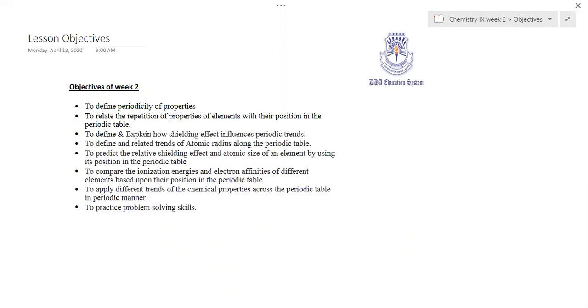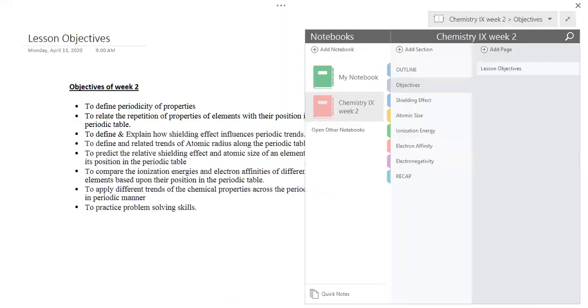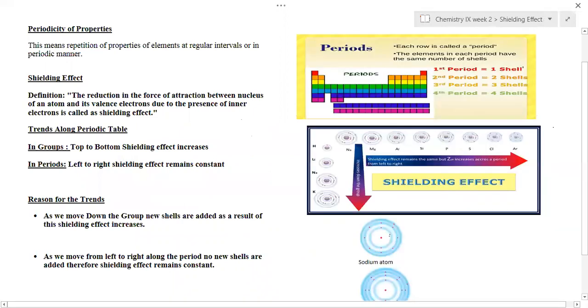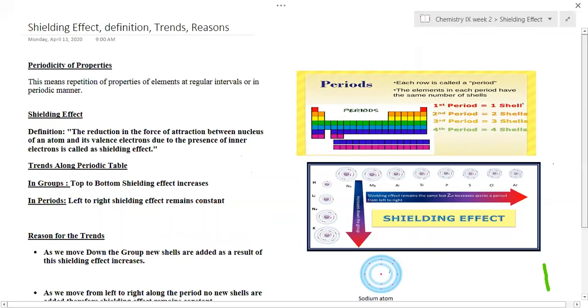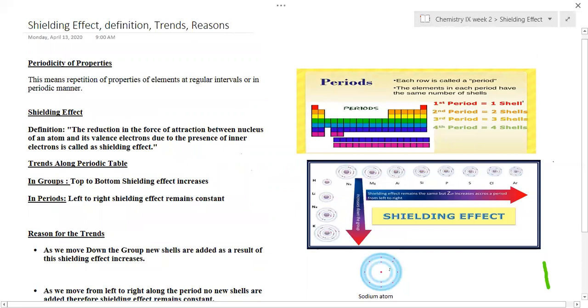Let's come to the subtopics for this week. The very first is periodicity of properties, which is actually about the shielding effect. Before going to shielding effect, we should define periodicity of properties. The word periodicity is used when you want to emphasize the repetition of a certain thing after regular intervals.